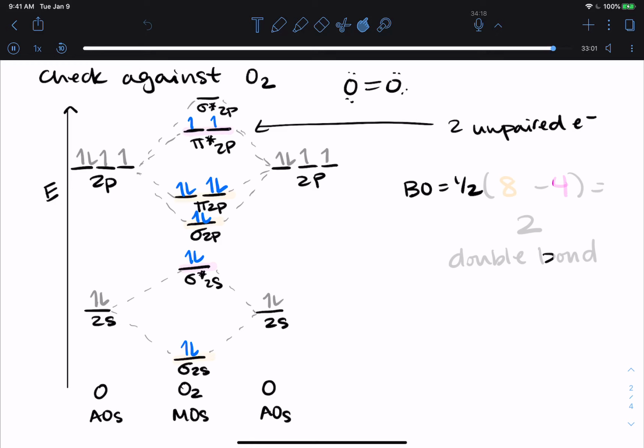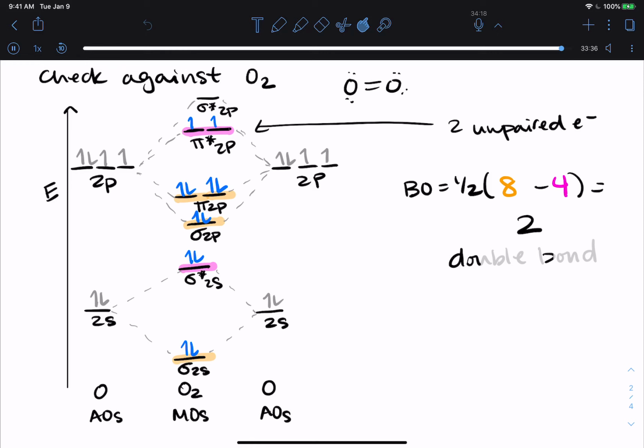If I do a bond order calculation, let's highlight these. I can't remember what colors I was using, so hopefully this is right. Orange for bonding, pink for anti-bonding. My bond order is going to be 1/2 of 2, 4, 6, 8 in bonding MOs and 2, 4 in anti-bonding MOs. 8 minus 4 is 4, divided by 2 is 2.